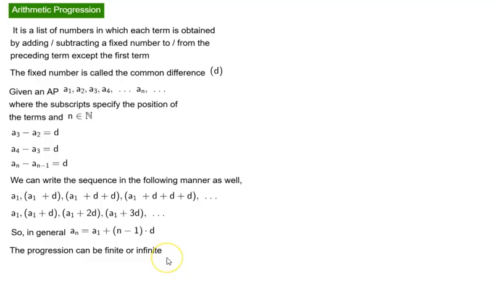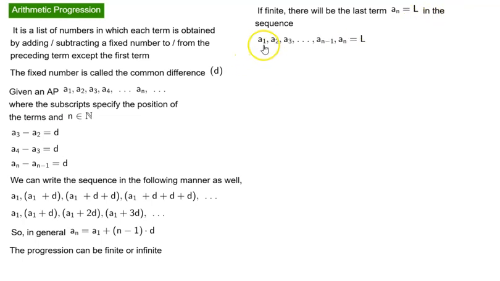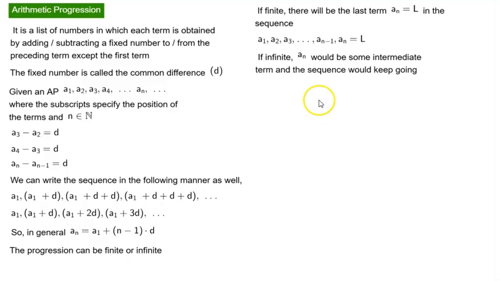So the progression can be finite or infinite. We have already seen this before. If finite, there will be the last term. A sub n is equal to L in the sequence. So we would have A1, A2, A3 dot dot dot A sub n minus 1, A sub n, which is equal to L. If it is infinite, then A sub n would be some intermediate term and the sequence would keep going.